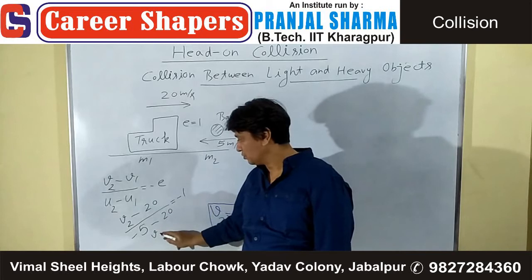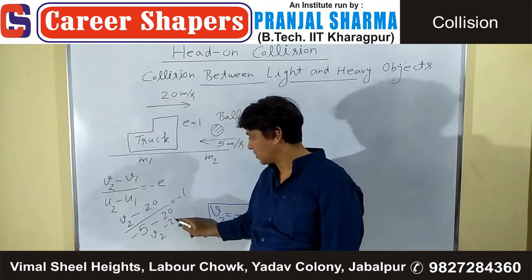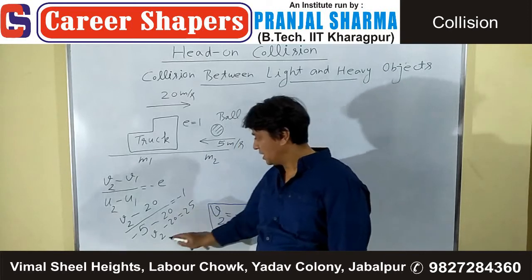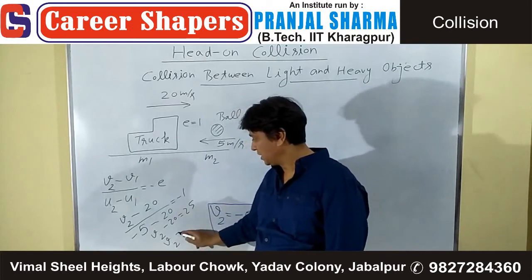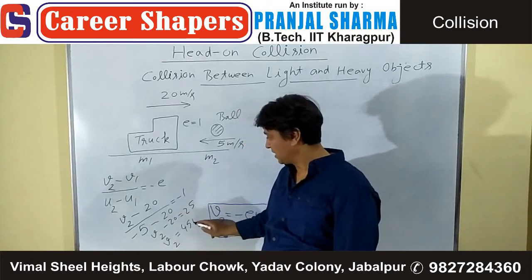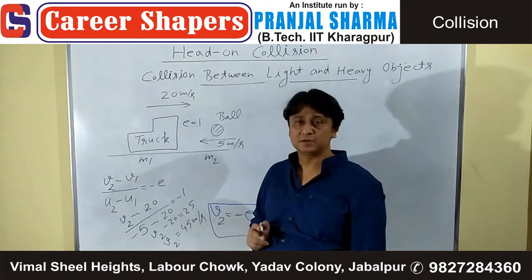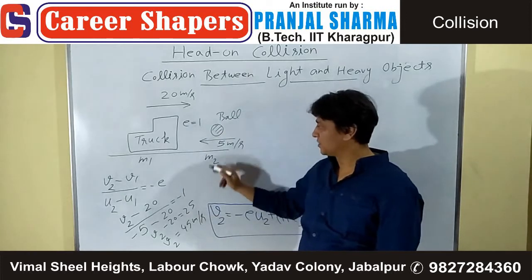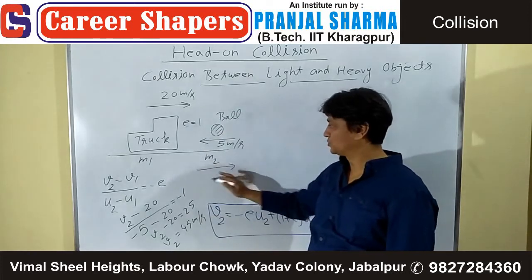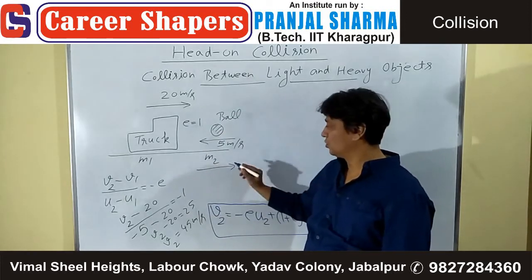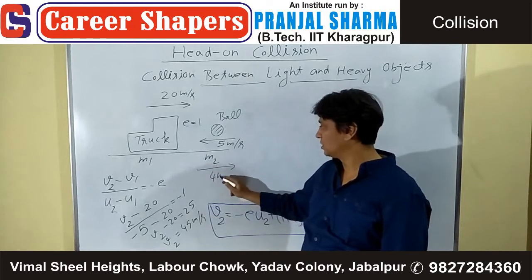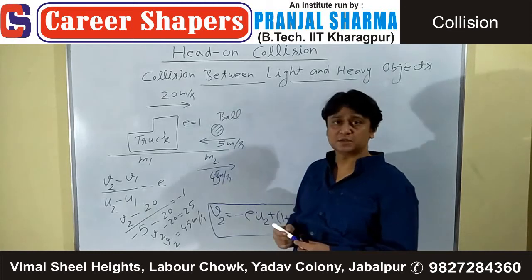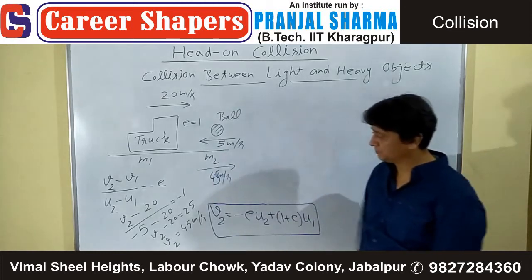This gives you V2 minus 20 as what? 25. Ultimately giving you V2 as 45 meters per second. That means this ball, after undergoing collision, moves in this direction with a velocity of 45 meters per second. It will be moving in this direction.